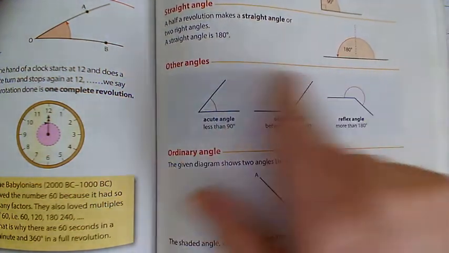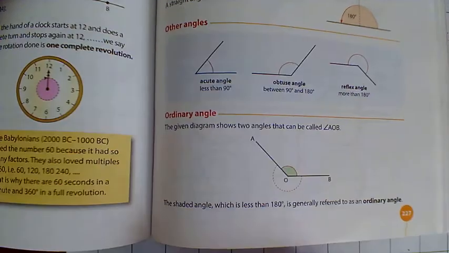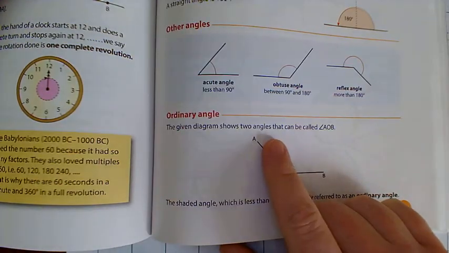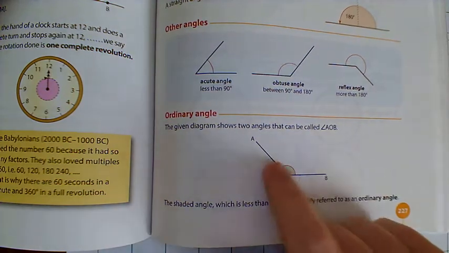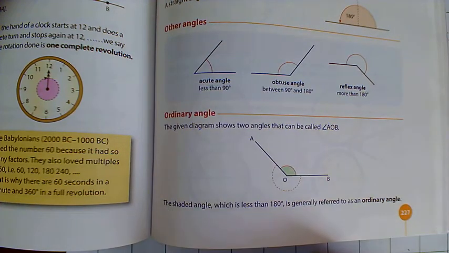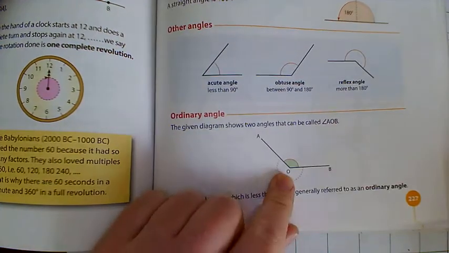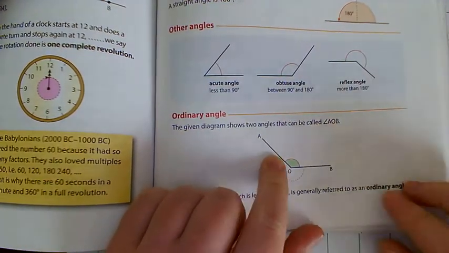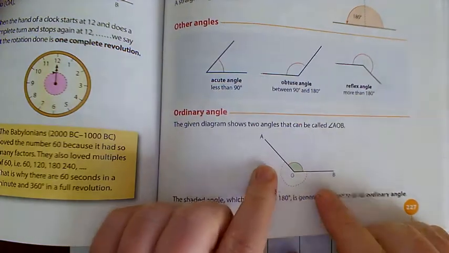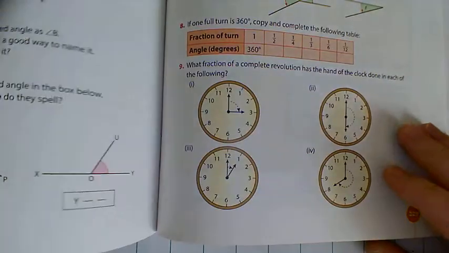So again, add that to your notes. Ordinary angle. The given diagram shows two angles AOB. So it's this and this. The shaded angle is called the ordinary angle. Okay, so the angle that's not the reflex. So if you ever hear that, it's not likely it'll come up, but if you ever hear that, the ordinary angle is the one that you'd associate in between the two lines where it's closing, as opposed to the outside of the two lines. Alright, so just a term to be aware of.